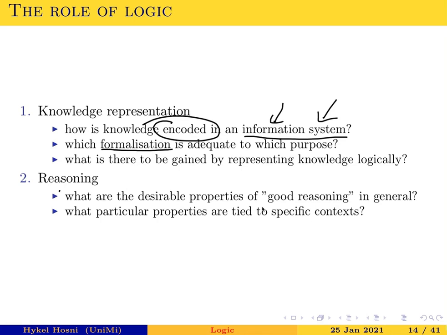You might think of validity, coherence, though sometimes inconsistency or incoherence is good too. But anyway, these are the kinds of properties that you're interested in. And it's an analog to that question: what particular properties of reasoning are context dependent? This is a very, very important point.